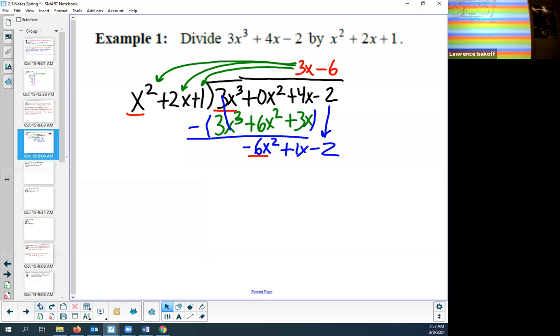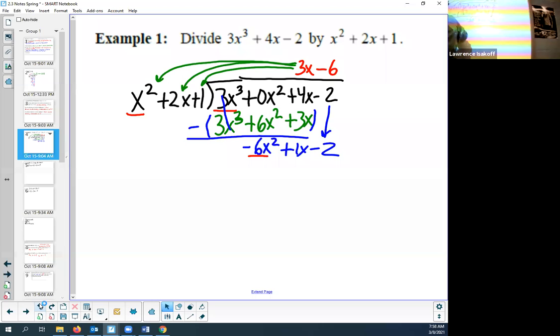So I remember we noticed a negative 6x squared and x squared. To get them to match, we have to multiply by negative 6. So negative 6 times x squared gives me a negative 6x squared. That gets them to match, so they're going to cancel.